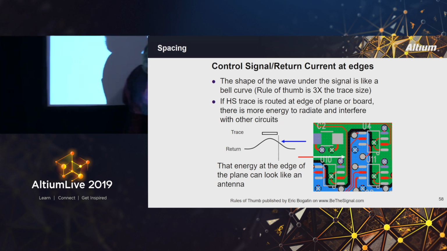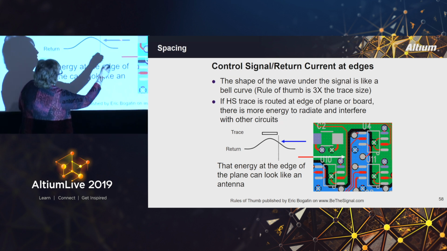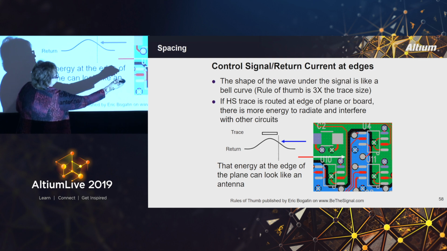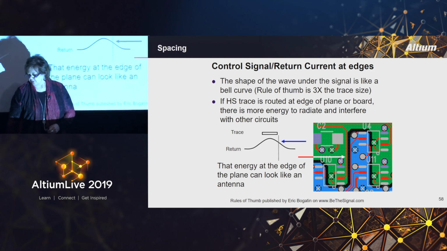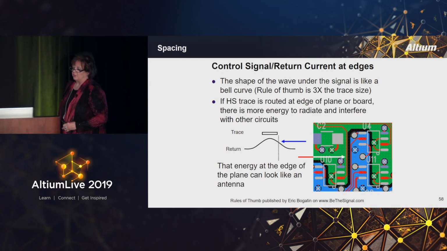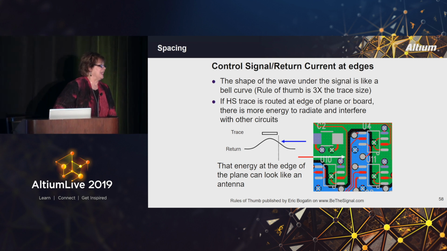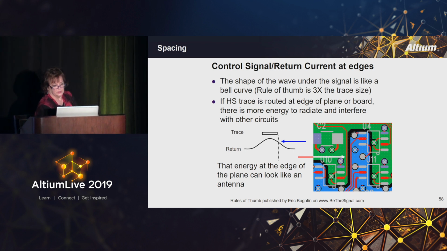So this energy here can couple over pretty easily to the other trace on the other side over there, so it can cause some issues over there, and it can very easily become an antenna as well.